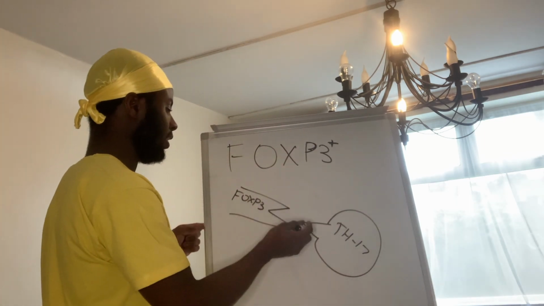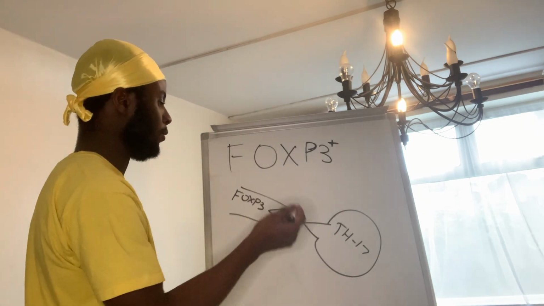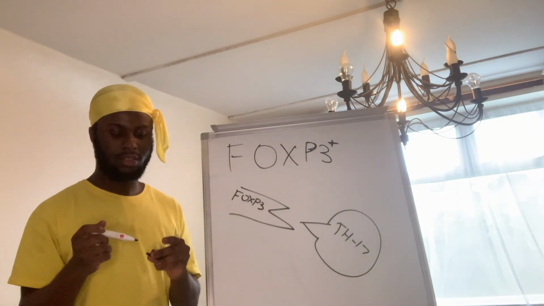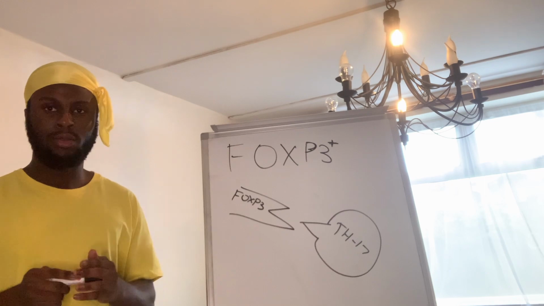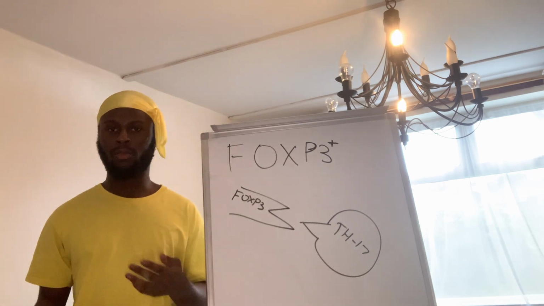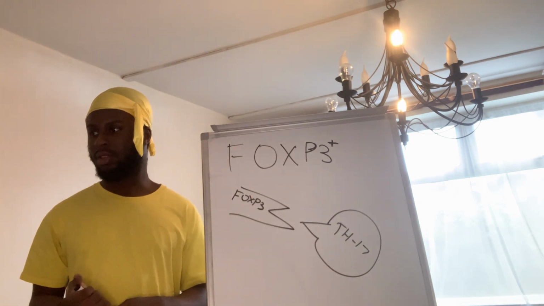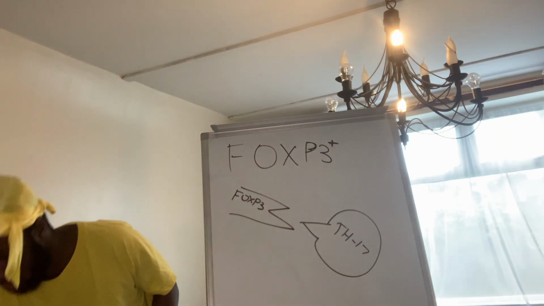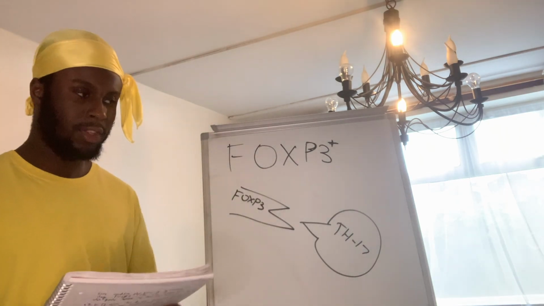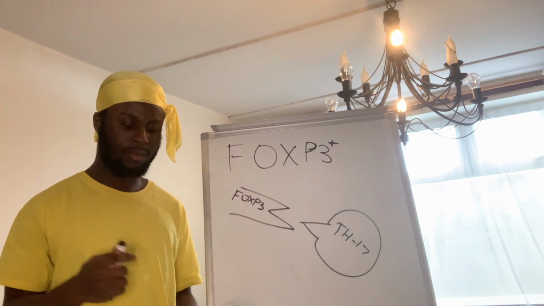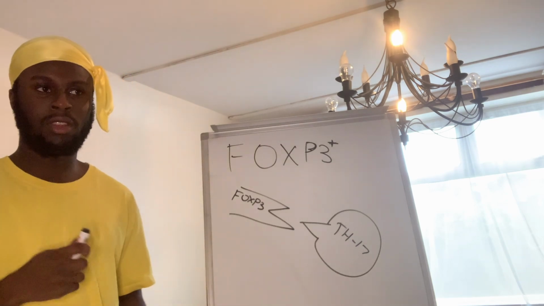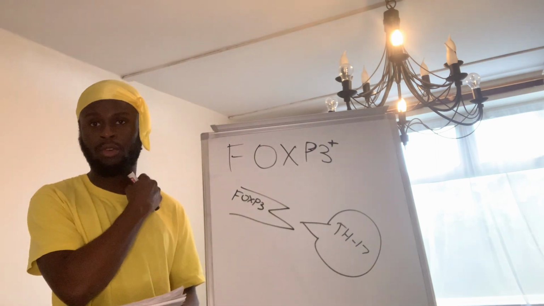If that connects to the Th17 cell, it influences the immune responses. So it controls it and modulates it. So it can decrease the amount of inflammatory cytokines in the body, the amount of inflammation in the body in general.